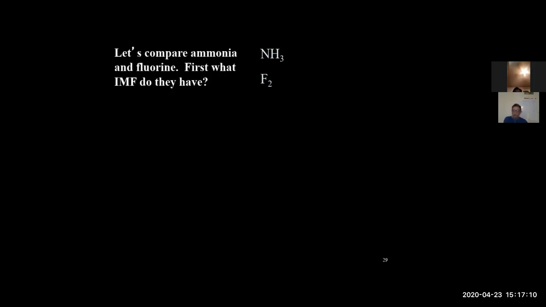Well, we know that if we do the Lewis dot structure, ammonia, because of the lone pair, is going to be a polar compound automatically. And fluorine is diatomic, so it's going to be nonpolar. Okay, so ammonia would be polar, and because the hydrogens are bonded to nitrogen, its force is the hydrogen bridging force.